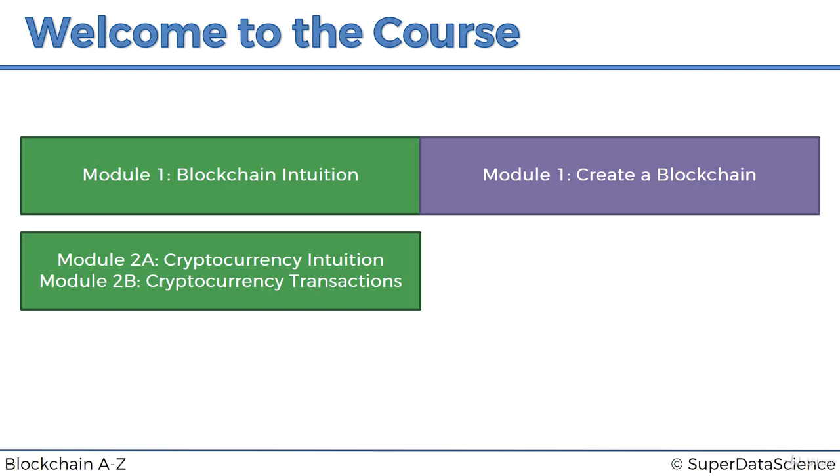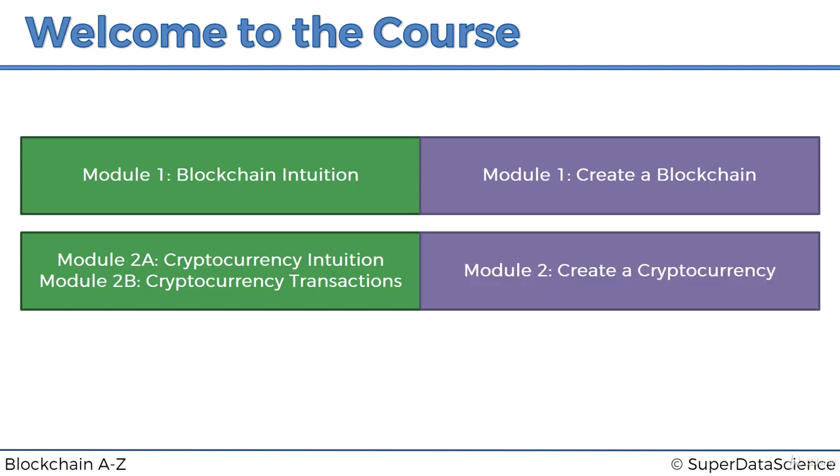So basically, Module 2 will be building upon what we learn in Module 1. It will help us delve deeper into the application of blockchain, one of the applications, which is cryptocurrency. Then again, you will have a practical module, where Adlan will walk you step by step through the process of coding your own cryptocurrency using that general purpose blockchain that we created in the first module.